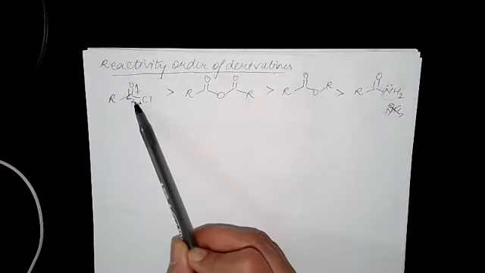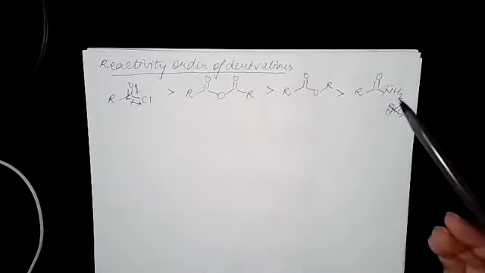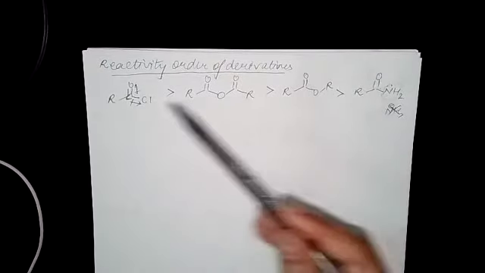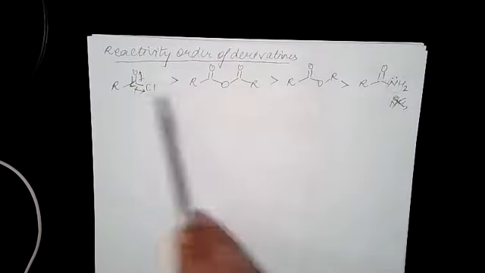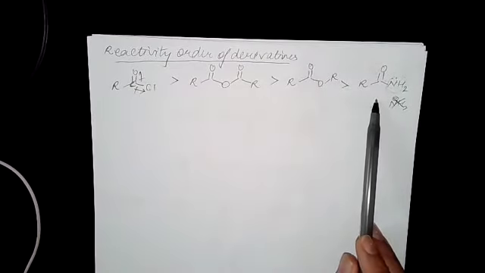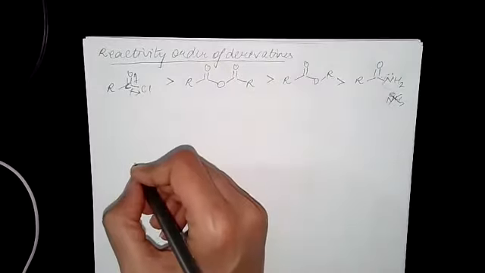From your stronger derivatives, you can make the weaker derivatives. But from a weak derivative, you cannot make the stronger derivatives. And another interesting thing is all of these derivatives can be converted back to carboxylic acid just by hydrolysis.